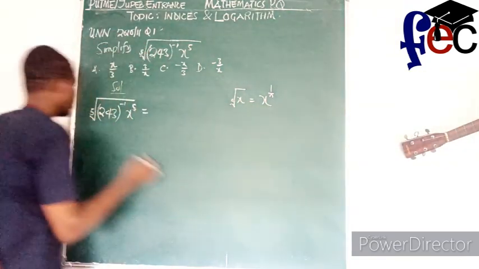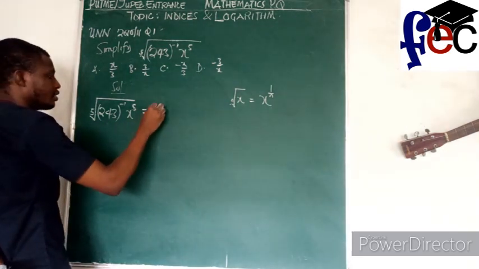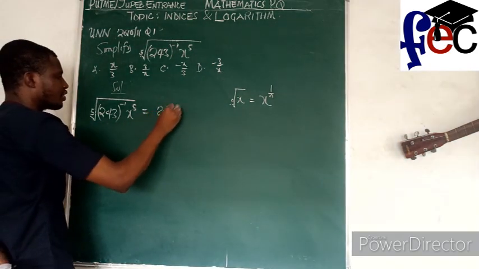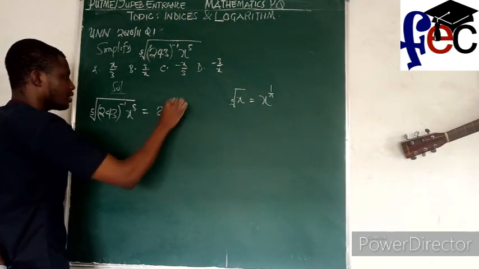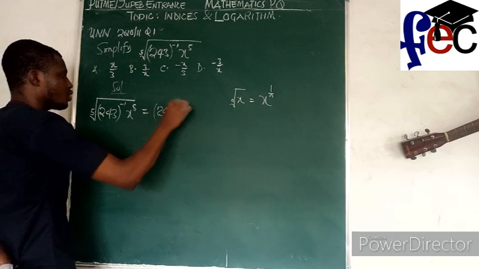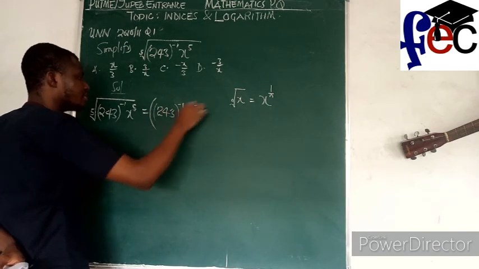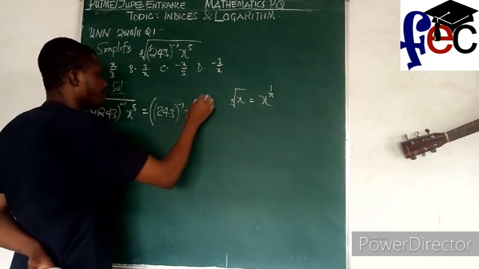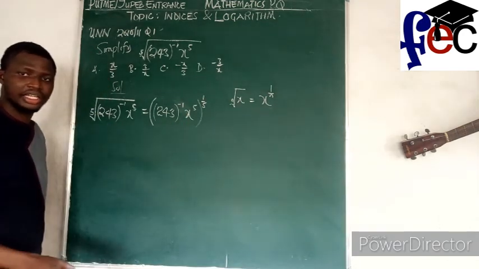So I can write this following that rule as 243 raised to power minus 1, then x raised to power 5, all of these raised to power 1 over 5. Do you get that now?